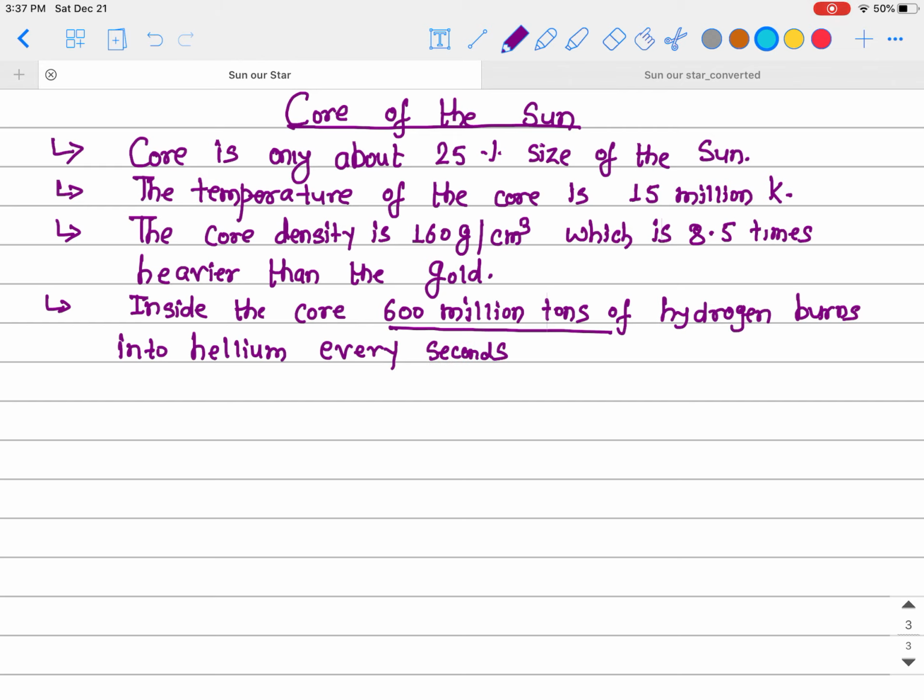And this amount of energy is equal to about 100 billion nuclear bombs.